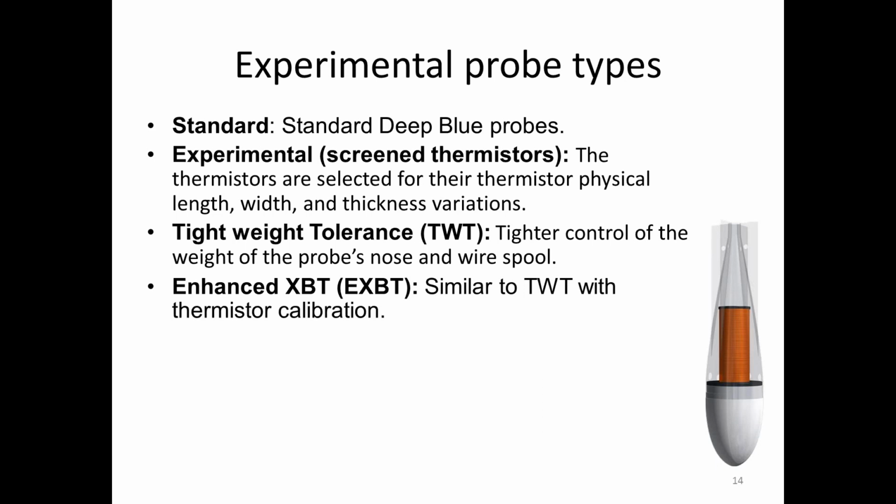The thermistor would be inside the probe here. The tight weight tolerance controls both the weight of the head and the wire spool inside the probe. And the enhanced XBT is similar to the tight weight, so it constrains the weight of the probe and also applies a thermistor calibration.